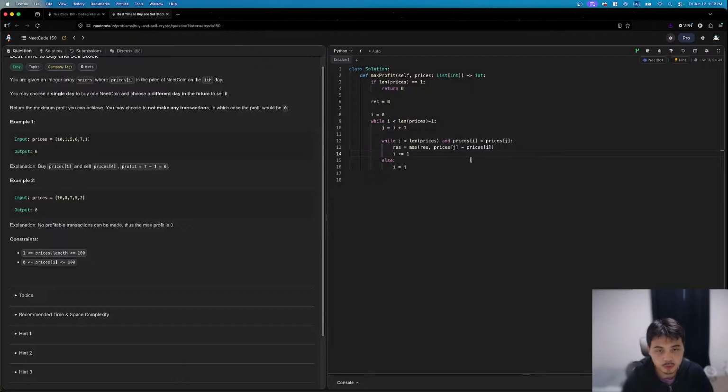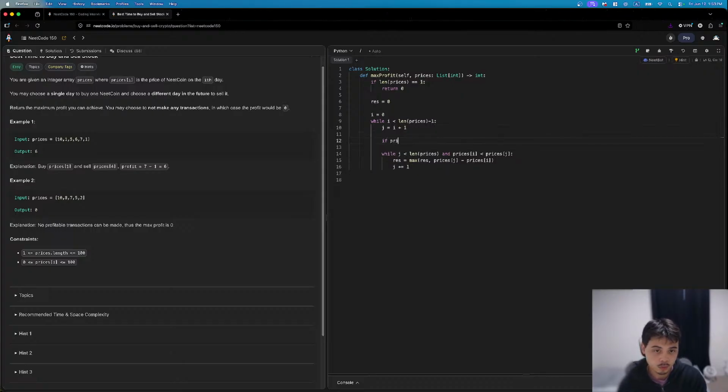So we're trying to expand our window. I can do this.